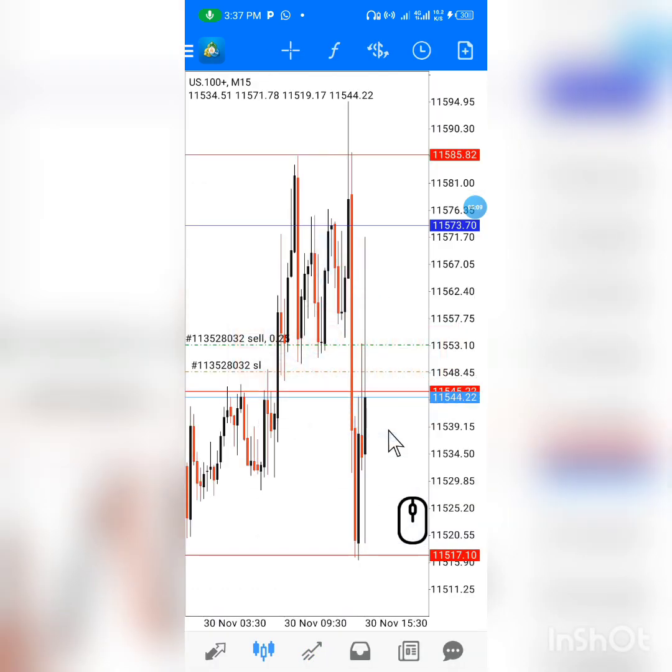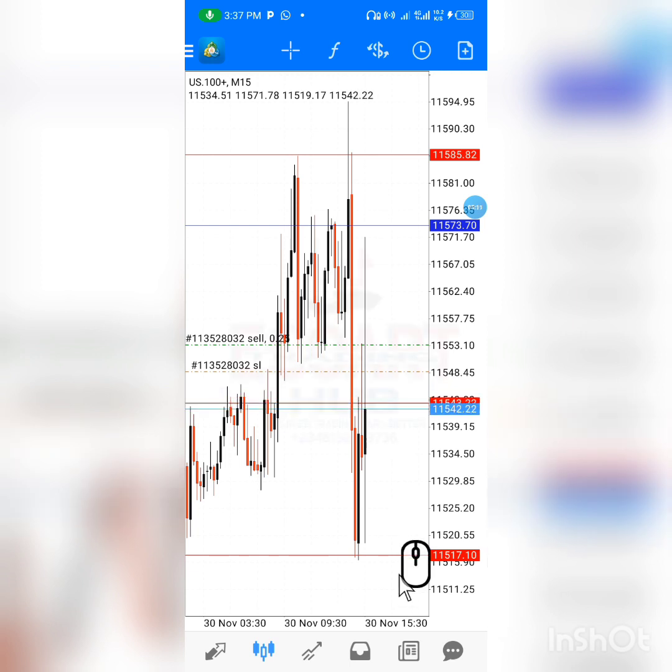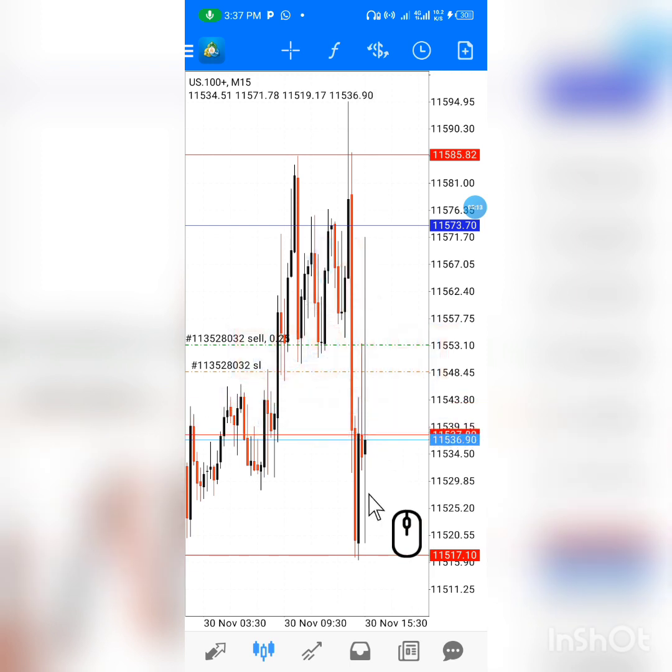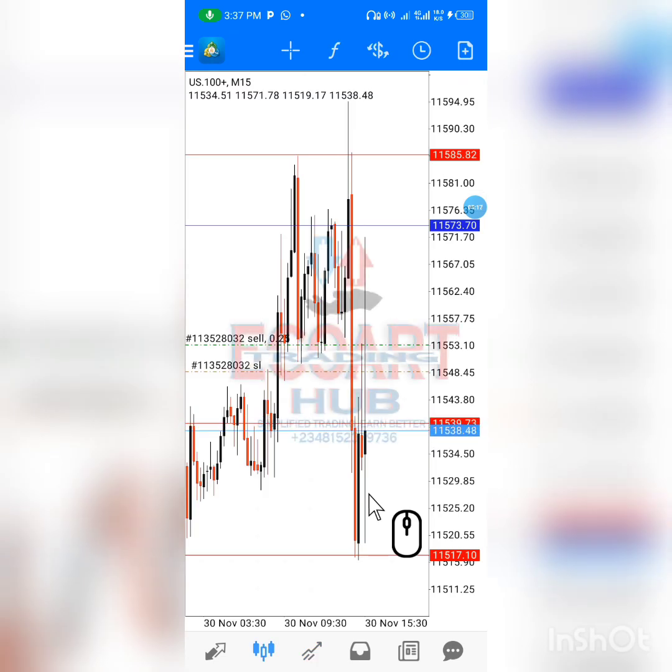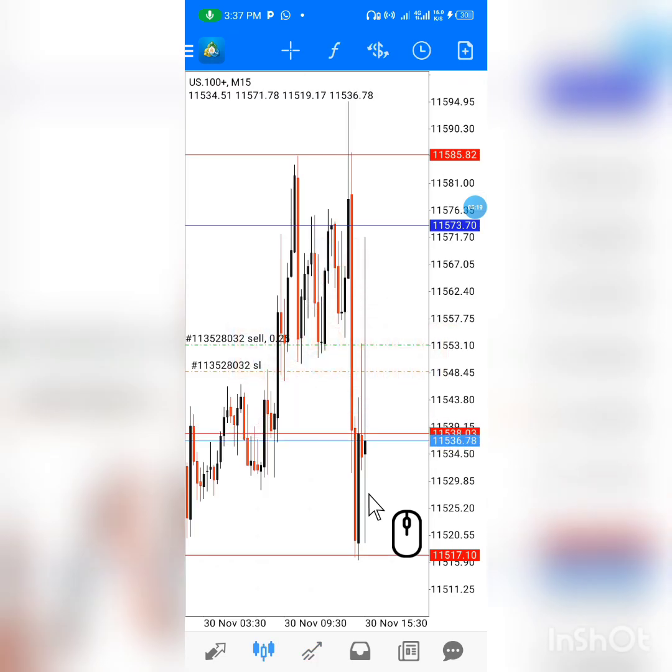So we've locked our trade. So what it means is we're expecting this market to keep going down and we are still running in profit. So that's the whole essence of sell stop.